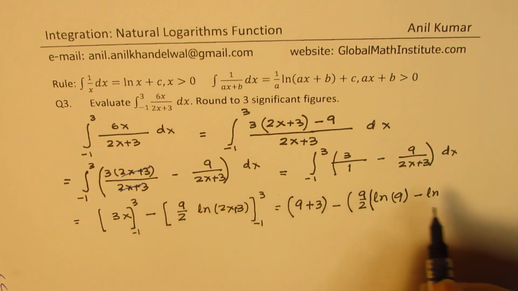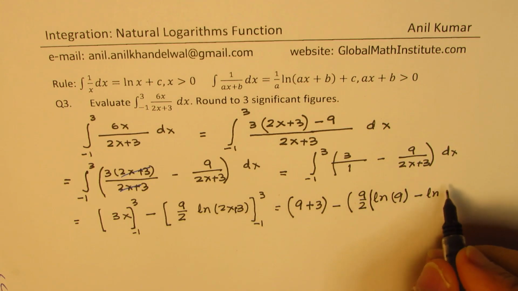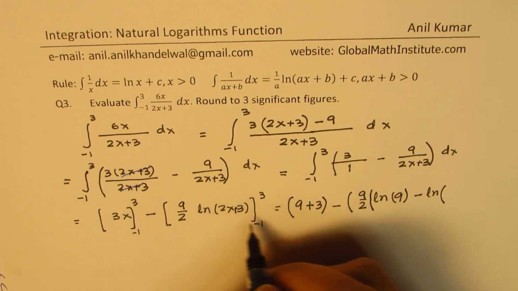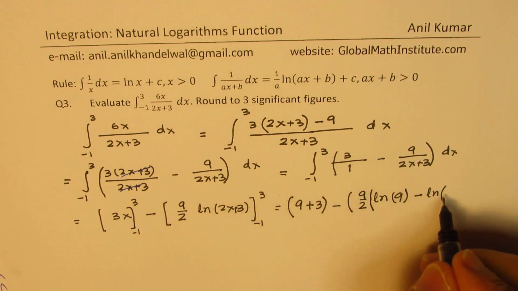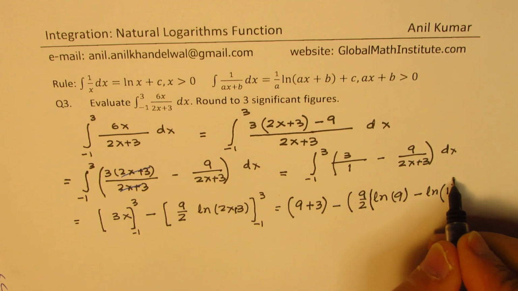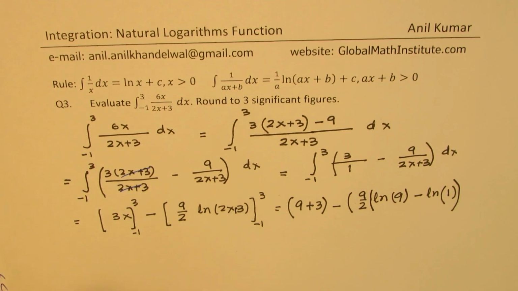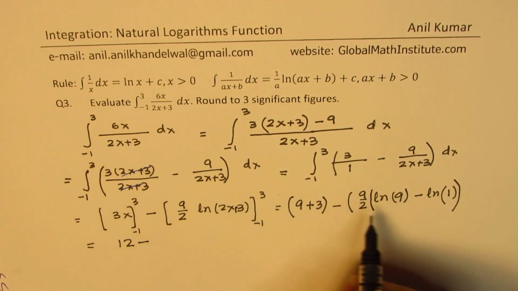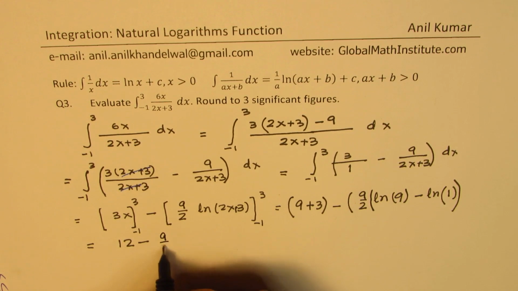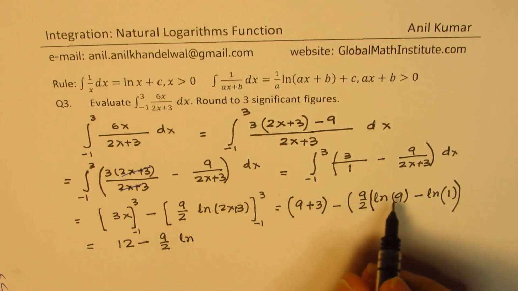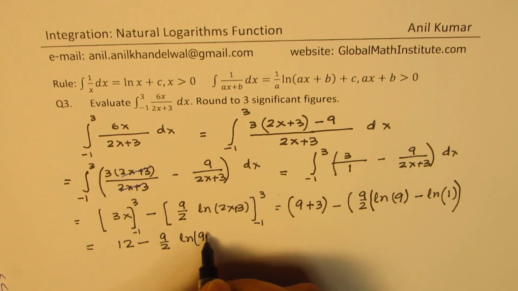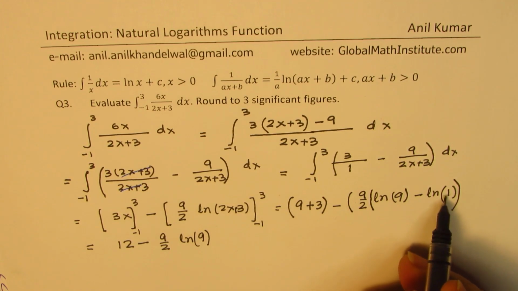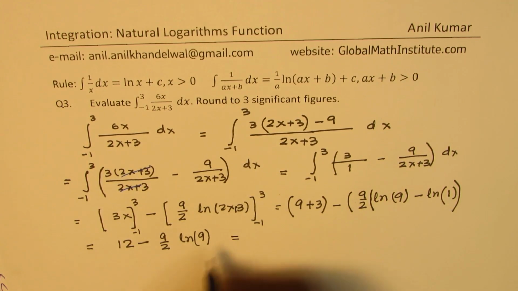It's a constant. Minus 1 gives us minus 2 plus 3, which is 1. Is that clear to you? Right. So what we get here is 12 minus 9 over 2 ln 9, correct? ln 1 is 0. So that is our answer.